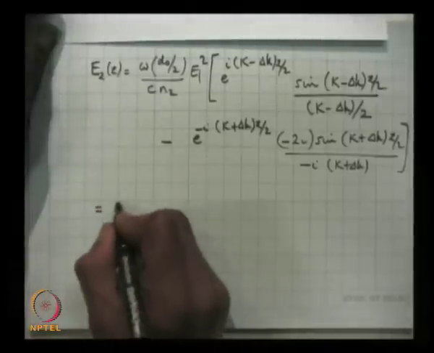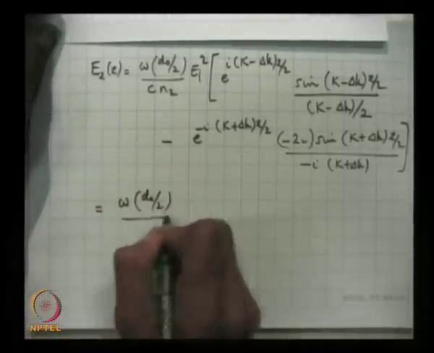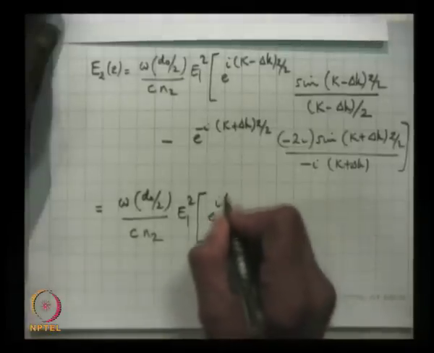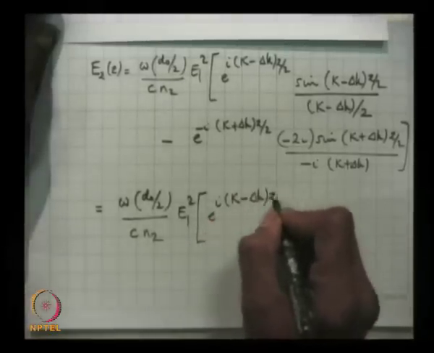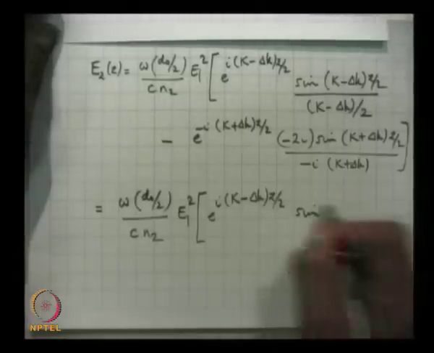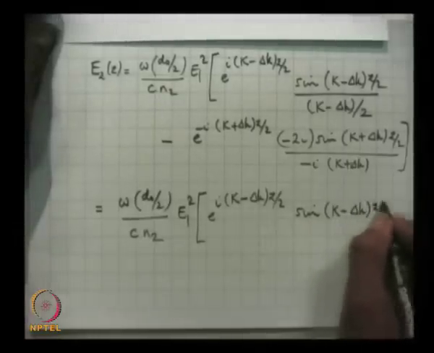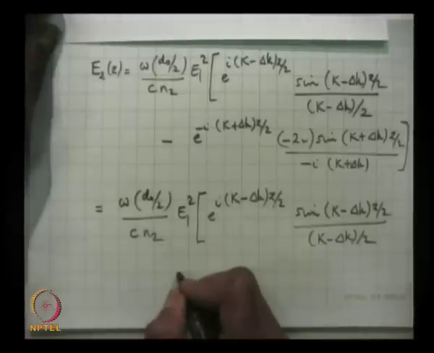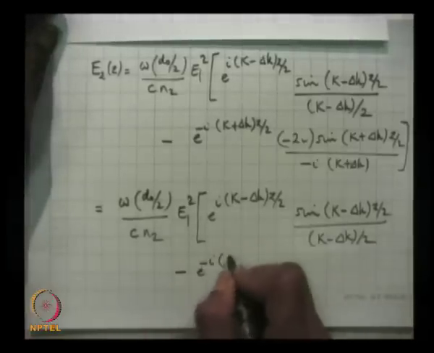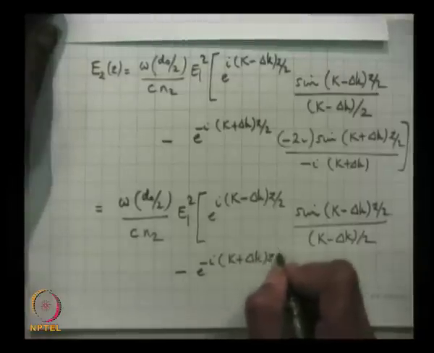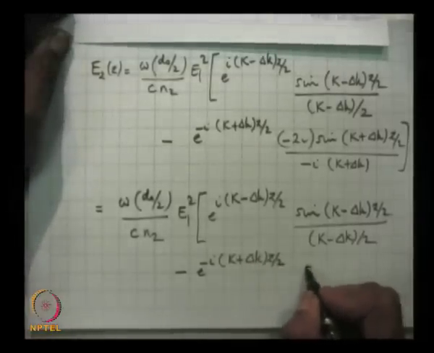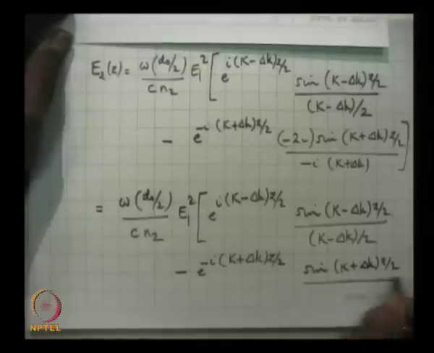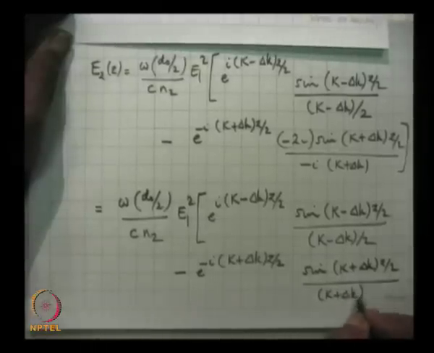So, this is actually omega d0 by 2 by c n2 E1 square into exponential i(K minus delta k)z by 2 sine (K minus delta k)z by 2 by (K minus delta k) by 2, minus i(K plus delta k)z by 2 sine (K plus delta k)z by 2 by (K plus delta k) by 2.